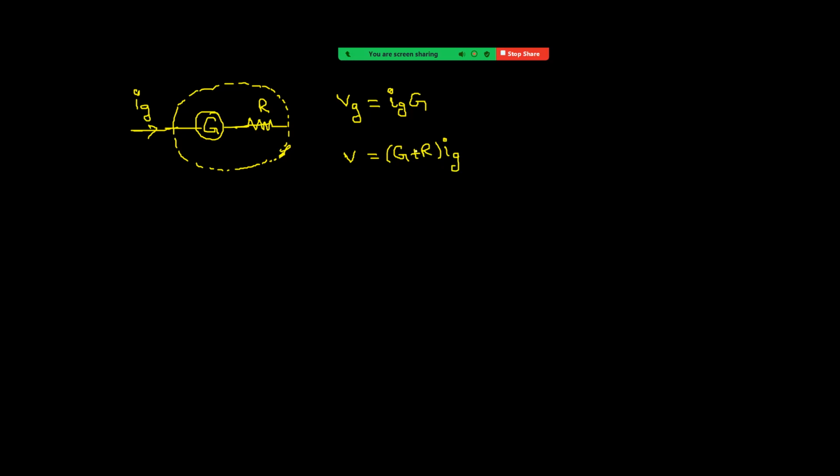We can get the same kind of relation like S equal to G by N minus 1. We get a condition here.